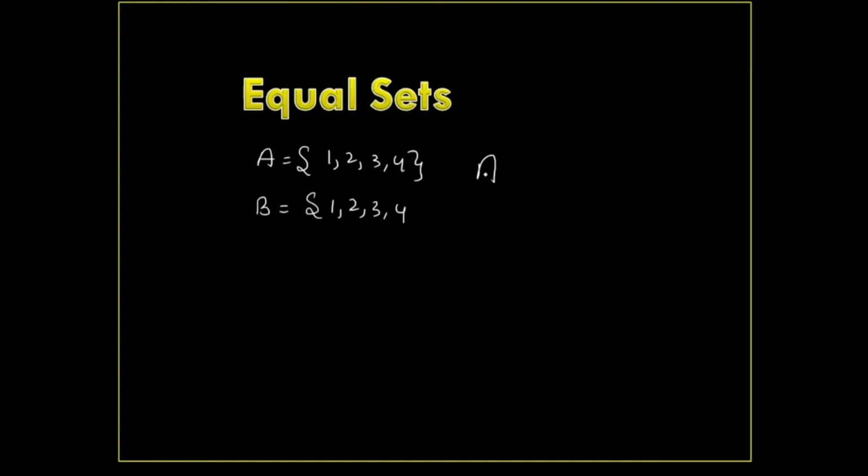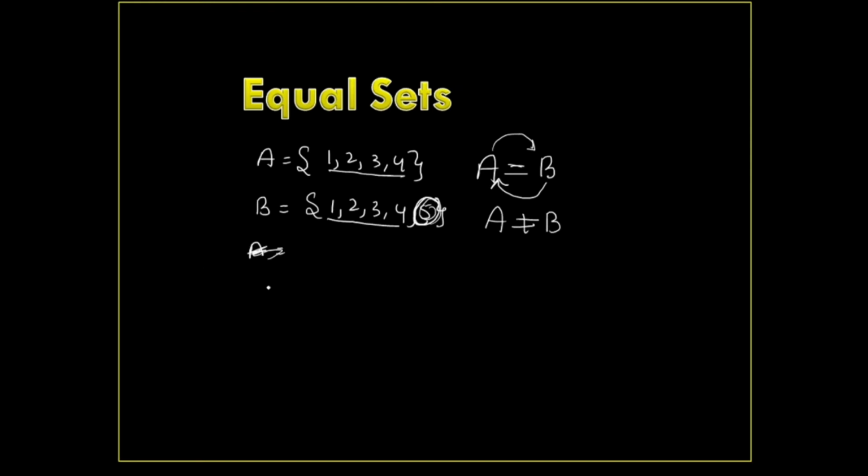So here I can say A is equal to B. If I add a 5 to B, then A has 1, 2, 3, 4 and B has 1, 2, 3, 4, 5. The element 5 is not present in A. The elements of A should be present in B and the elements of B should also be present in A. Both ways it should be equal, then only they are equal. If I add a 5 here, then it will not be equal to B.